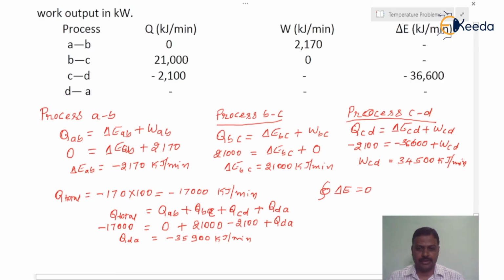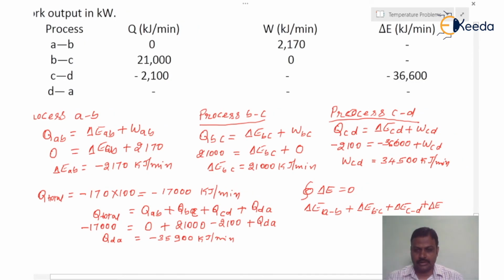So that means delta E AB plus delta E BC plus delta E CD plus delta E DA equals 0.